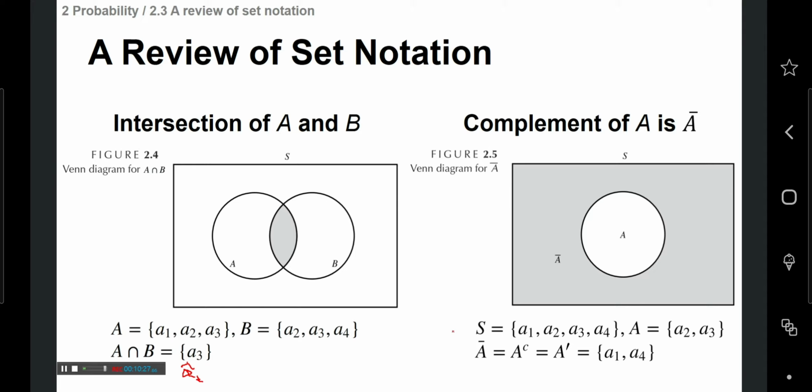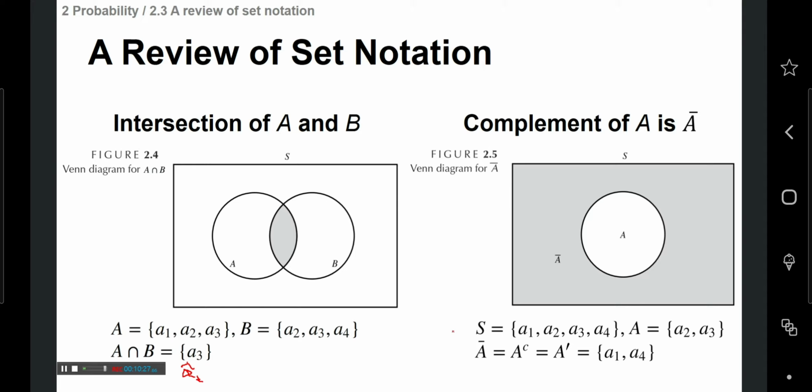Okay, and here are the distributive laws and De Morgan's laws. There are rules like this: A cup (B cap C) equals (A cup B) cap (A cup C).